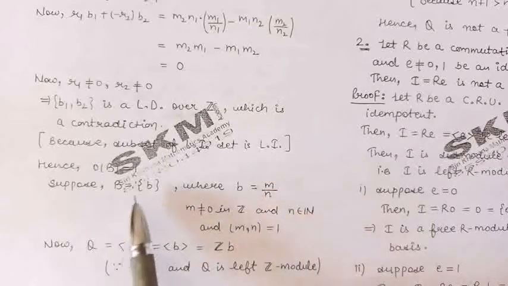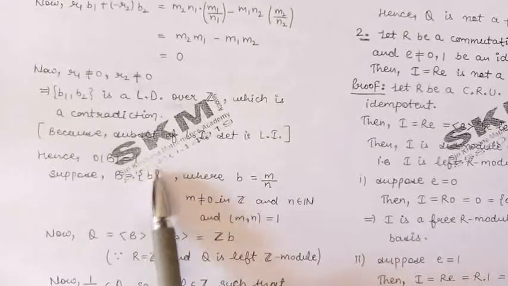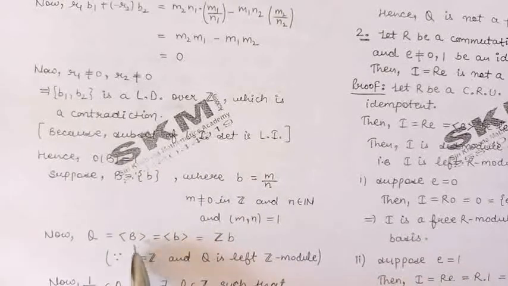Now, because we have taken it as the basis for the ring of rationals, by definition of basis, this set will span Q, meaning Q is generated by the set B.